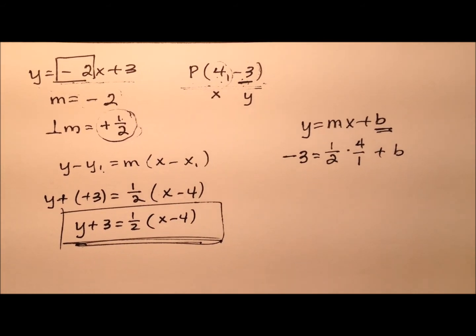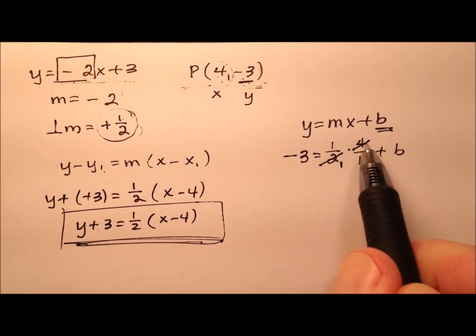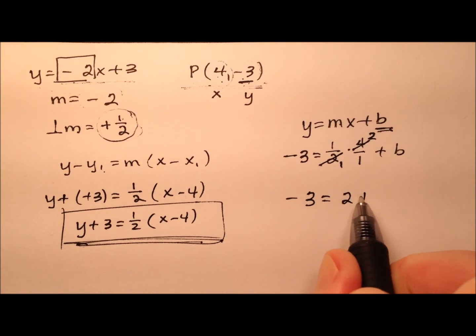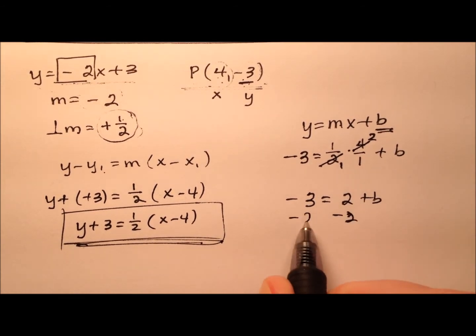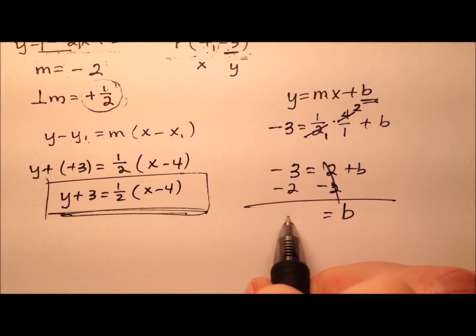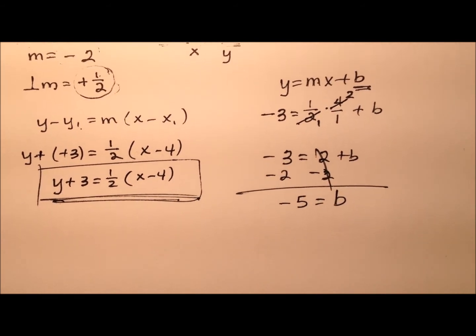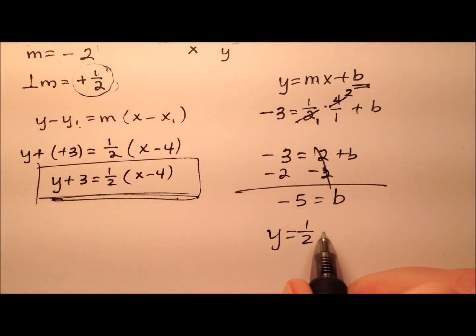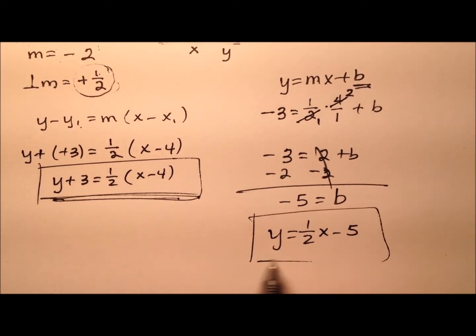And we're going to solve for this b. Looks like we can cancel some things here. So it looks like -3 equals 2 plus b. So when I subtract 2 from both sides, it looks like b ends up being a negative 5. So I could say in slope-intercept form we have y equals 1/2 x minus 5.